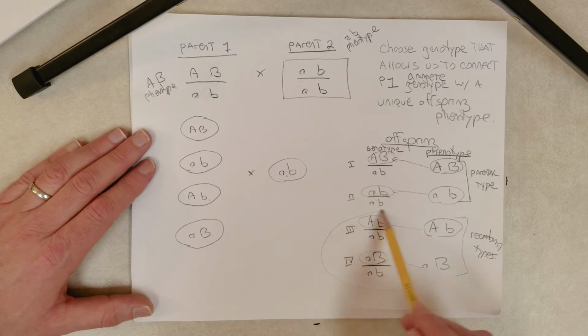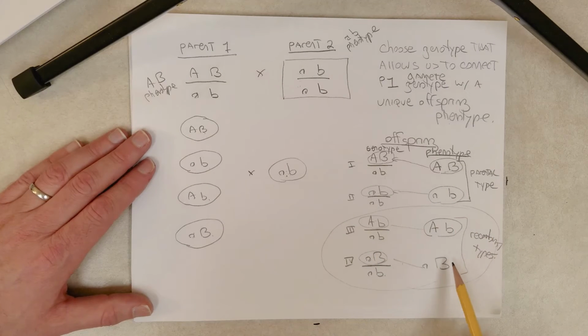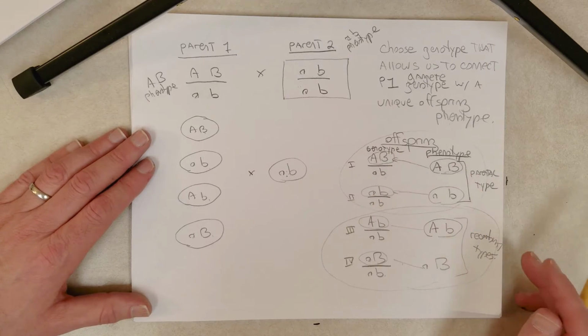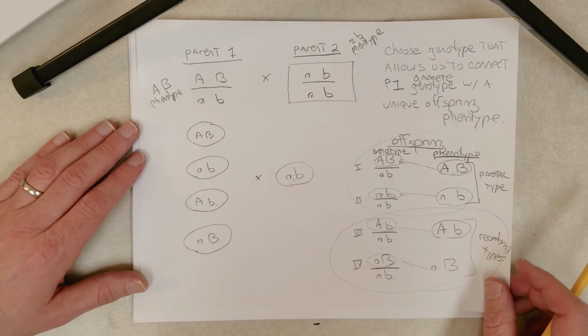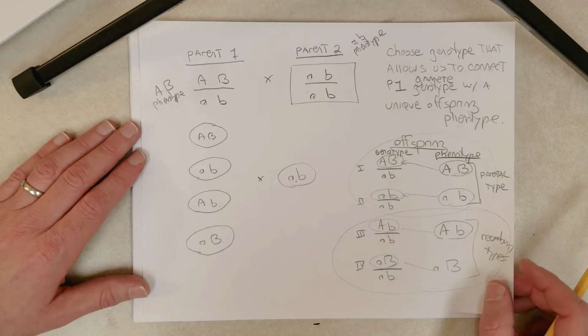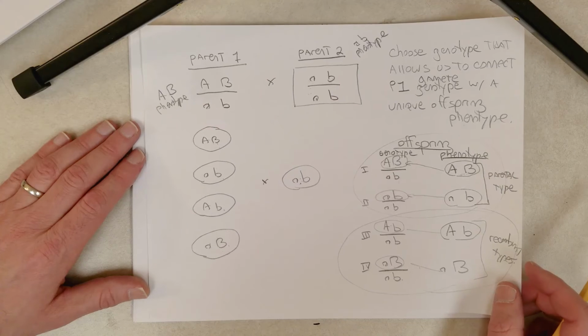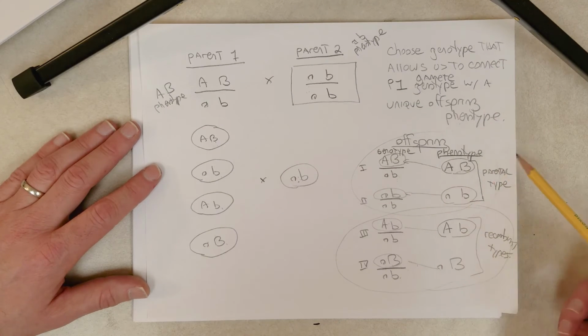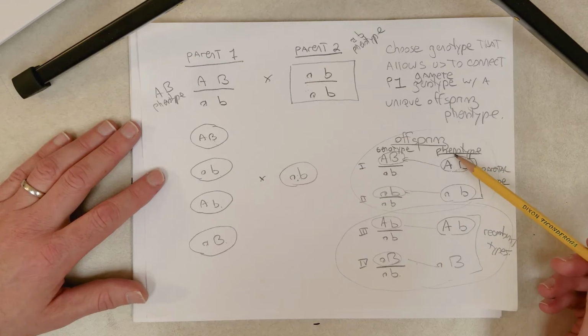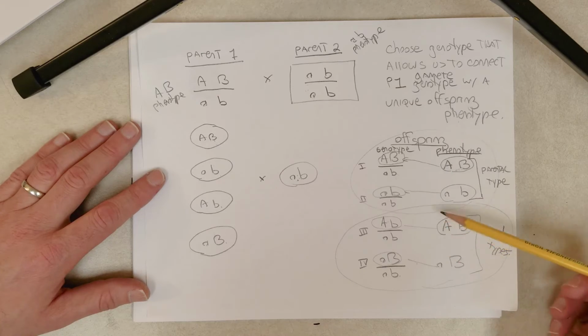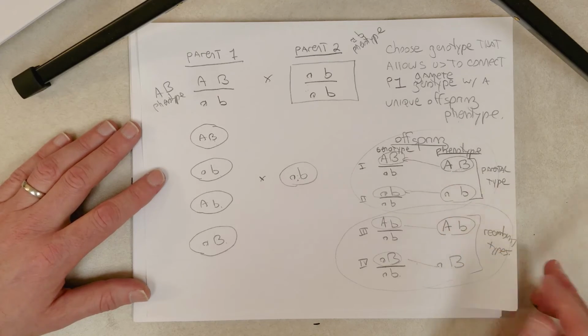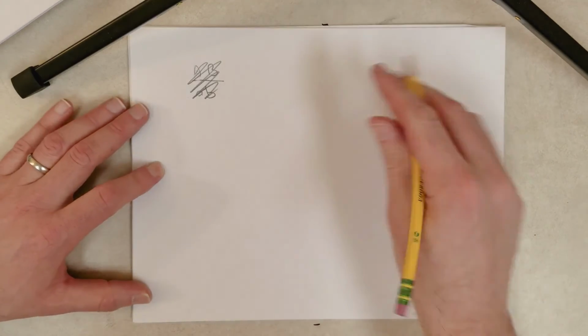I want to address where these recombinant types are coming from, okay? And when they're not recombinant types, where do these come from? And we've seen this before in the first 2 lectures of the course. We talked about meiosis and tetrad formation and chiasma, but now we're going to see how the chiasma actually leads to genetic variation in offspring.